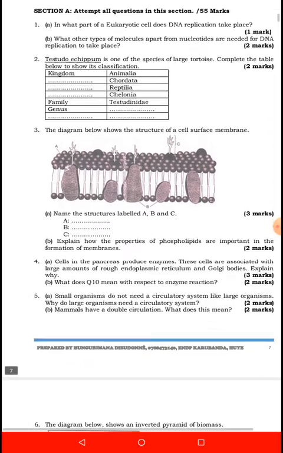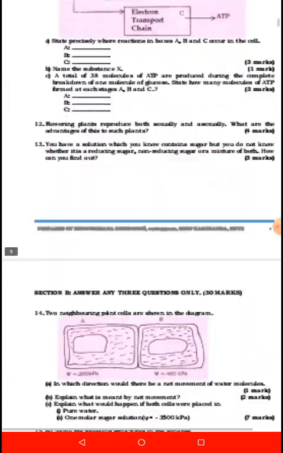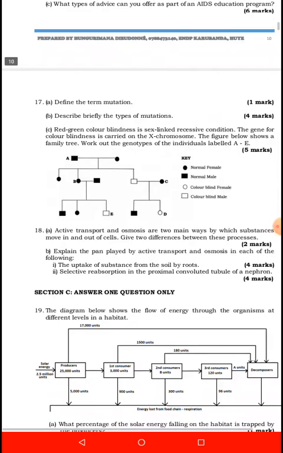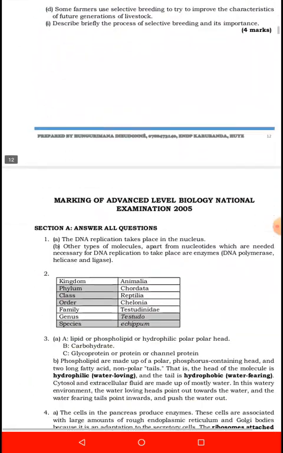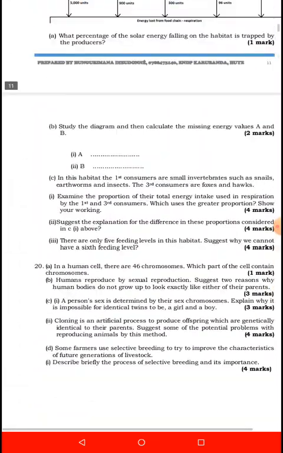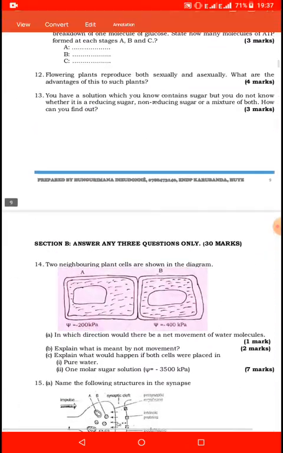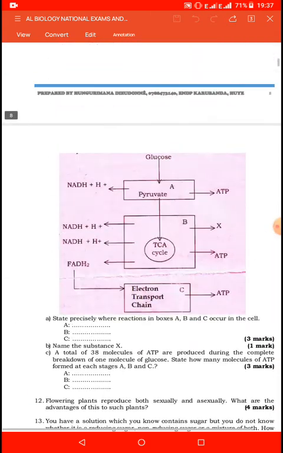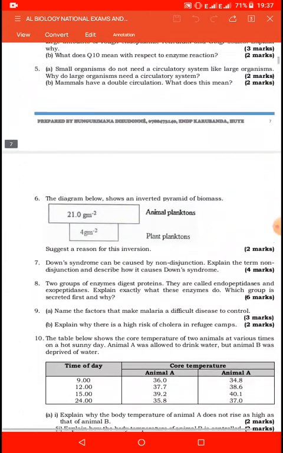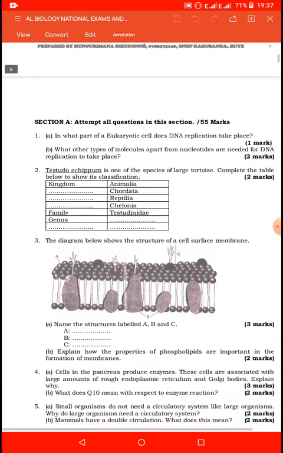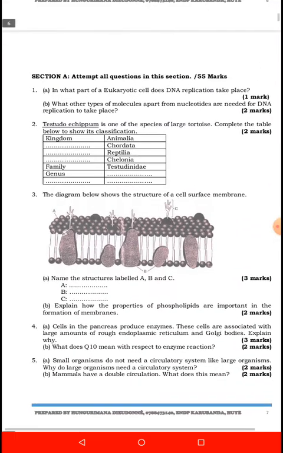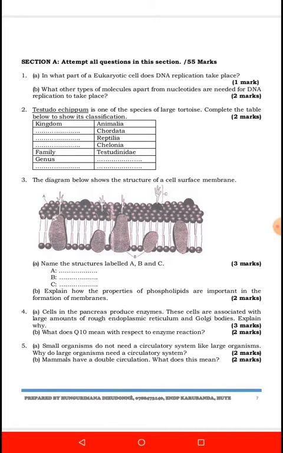This paper comprises about 20 questions. So read carefully, and then we are going to show you its marking scheme. These are the questions. If you have pen and paper, you can note them down. We will give you at least 2 minutes to read the questions, and then we will show you the marking scheme.